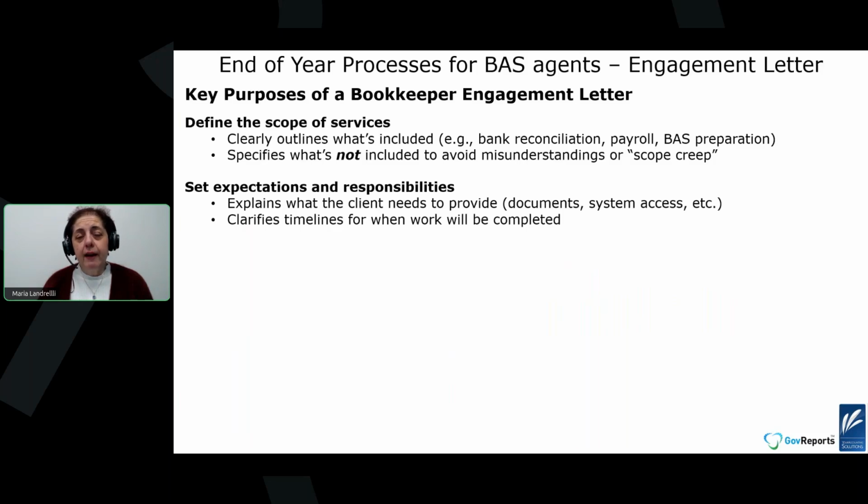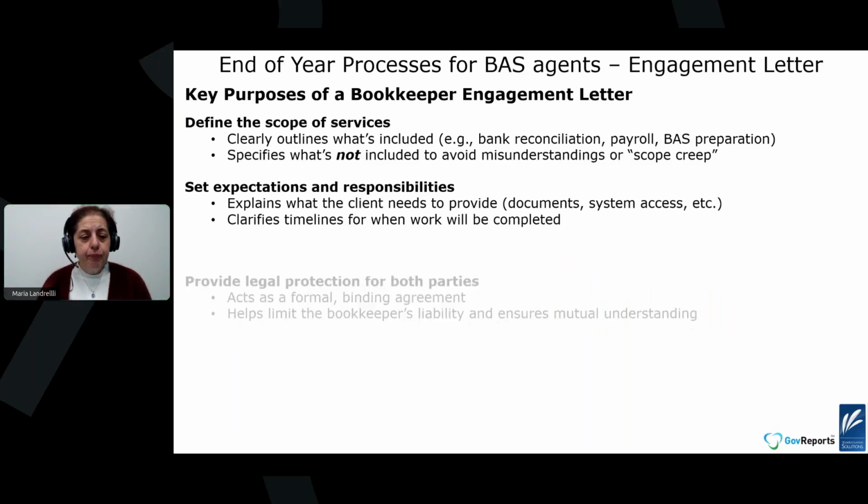I had a good look at it this year because I was looking at my systems and processes and went, what has my association got, and compared it to what I need. And I went, there's a lot of things missing. So I did a complete redraft of mine. So if you haven't looked at it in a while, or you set up your original engagement letters a while ago, it's time to have a look at them.